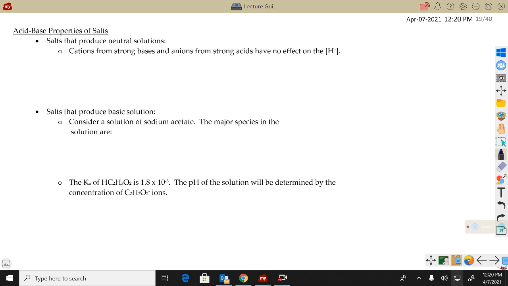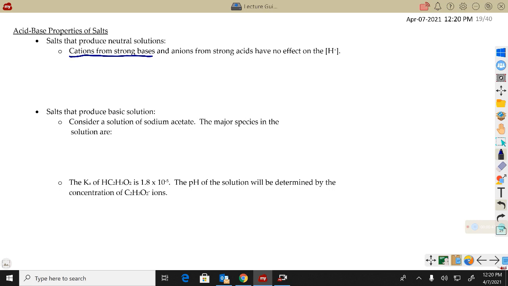And so neutral salts, let's tackle those first. Neutral salts contain a cation from a strong base. And so cations are positive ions.